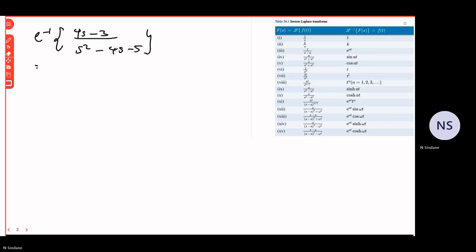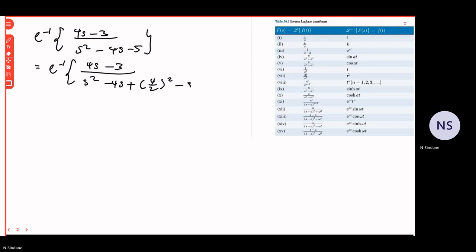Therefore, I can use the completing the square method. This will be the Laplace inverse of 4s minus 3 divided by s squared minus 4s plus (4 over 2) squared minus 5 minus (4 over 2) squared.